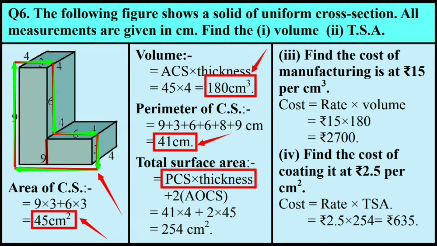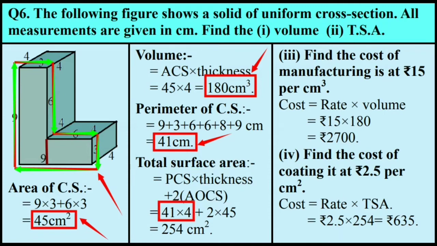Now comes total surface area, and the expression is perimeter of cross section multiplied by thickness plus 2 times the area of cross section, because in the expression, that is perimeter of cross section multiplied by thickness, gives the surface area except the area of cross section.